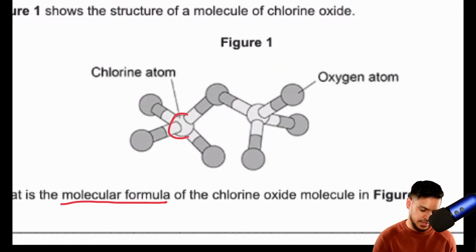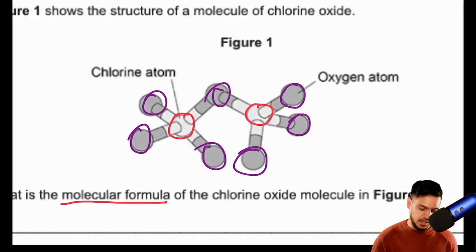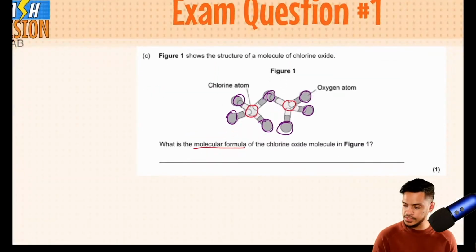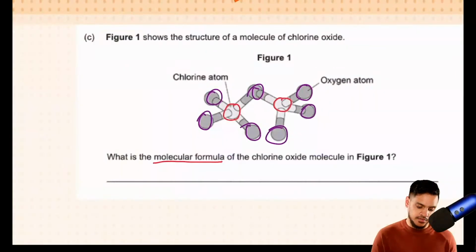So we've got chlorine here, then we've got oxygen 1, 2, 3, 4. Let me know in the chat.